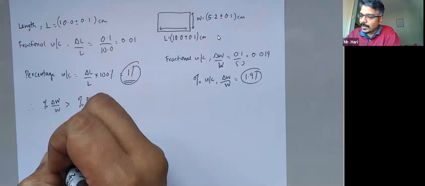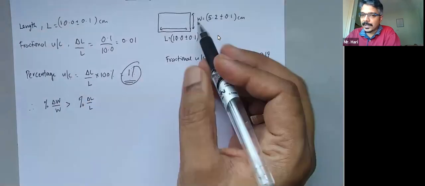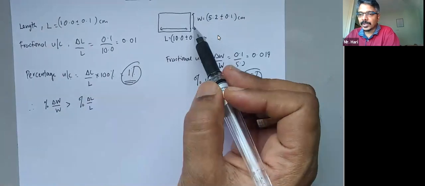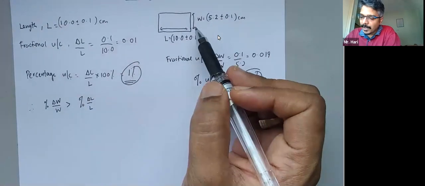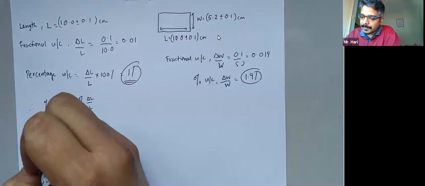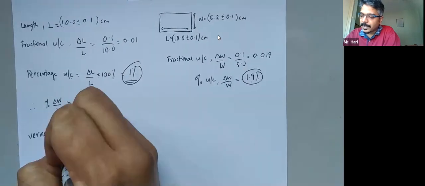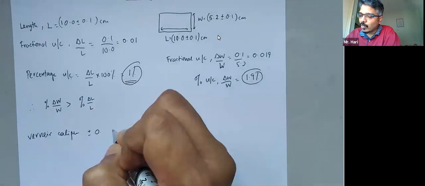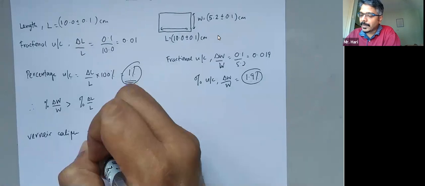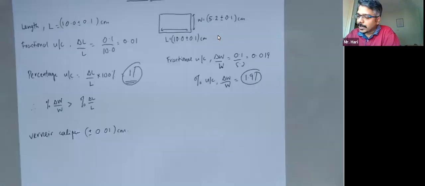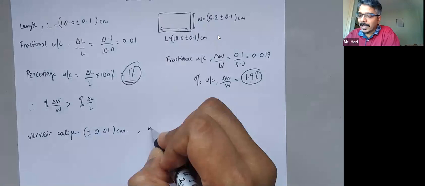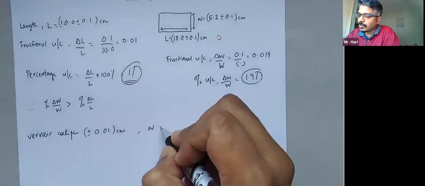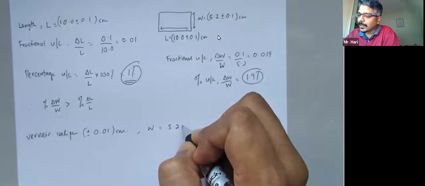Now let's try a different case. Say now the width of this object, I repeat the measurement using a vernier caliper. The vernier caliper has an accuracy of 0.01 centimeters. So for example, the width measured by the vernier caliper is 5.22 plus minus 0.01.